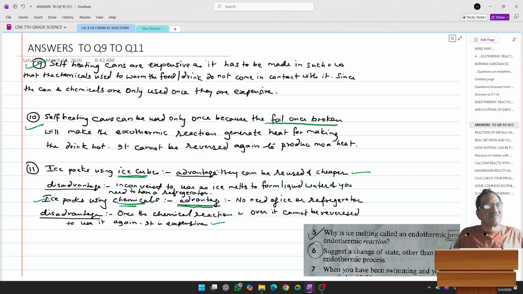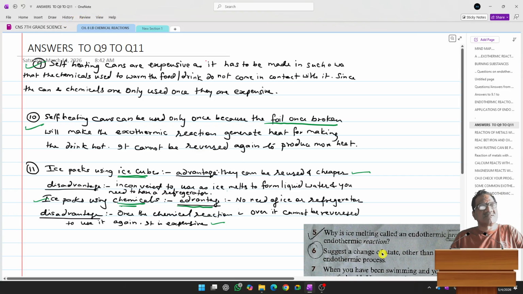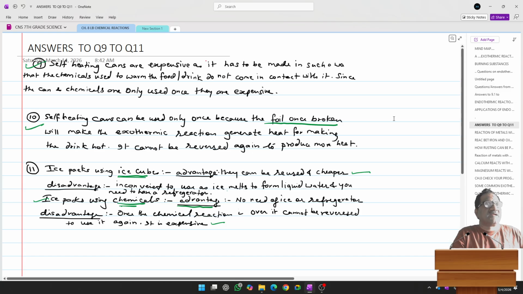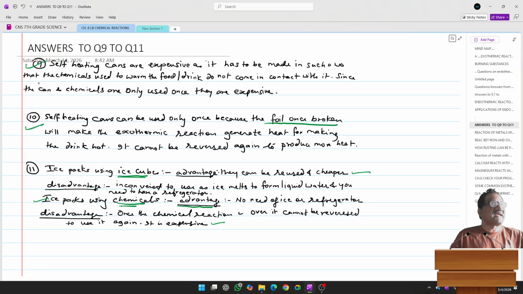But somehow, let me do some correction. This is the wrong thing. Now question number 9, 10 and 11. Somehow I could not put the questions on this slide. But I'll do one thing. I'll read out the question for you.